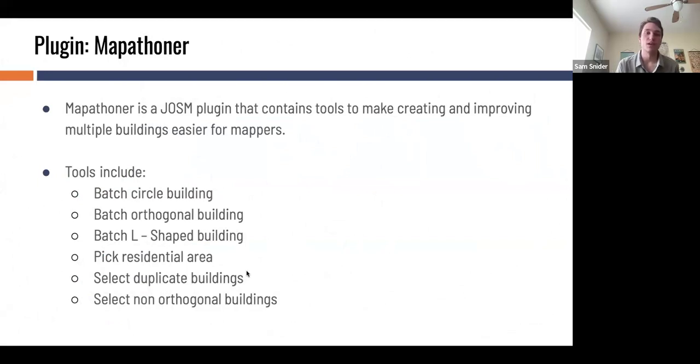So we're moving on to a different plugin. This is Mapathoner. It can be used in order to create multiple buildings easier for mappers. So if there's buildings with similar or the same building shape and size, you can use the Mapathoner in order to make the process faster.